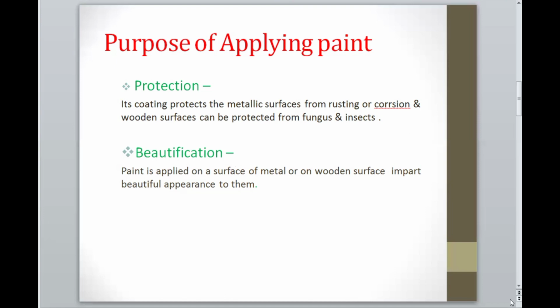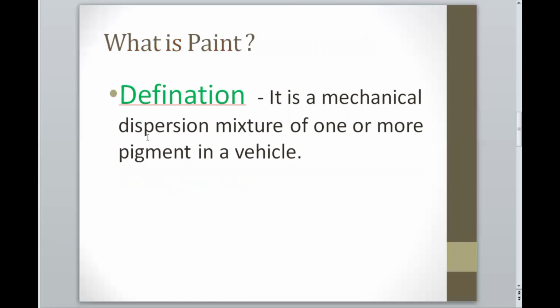Okay. Next we discuss what paint is. The definition of paint is: it is a mechanical dispersion mixture of one or more pigments in a vehicle. Pigment is a solid substance which is an essential constituent forming the body of paint.